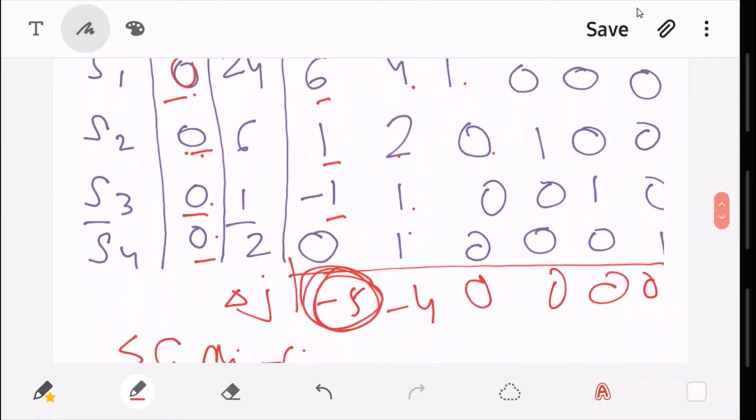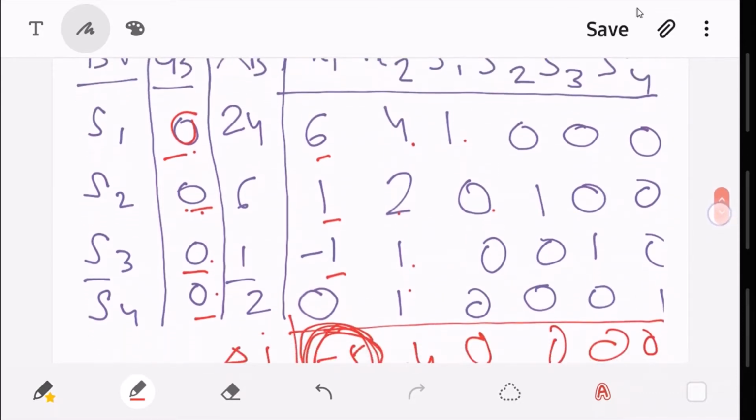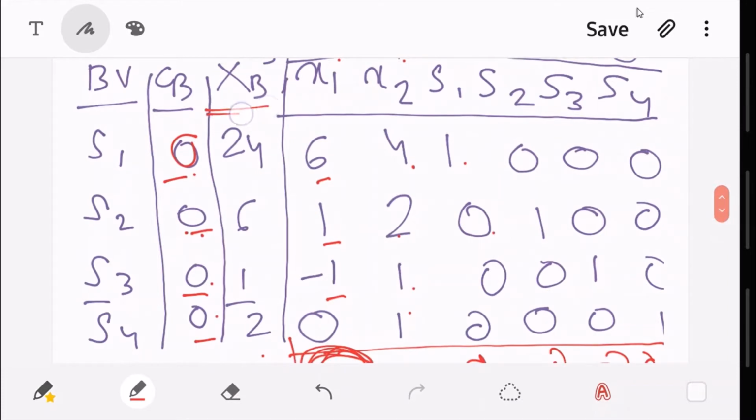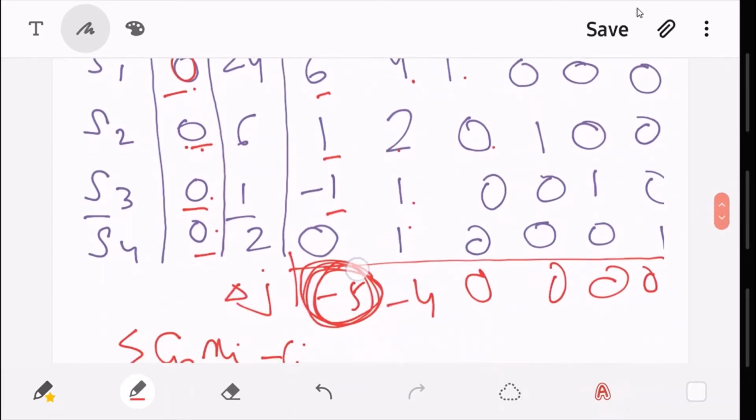So after selecting the maximum one, we need to find the minimum ratio. How to find the minimum ratio? Minimum ratio is xb divided by whatever is the most negative column.